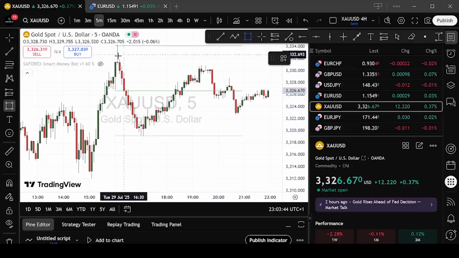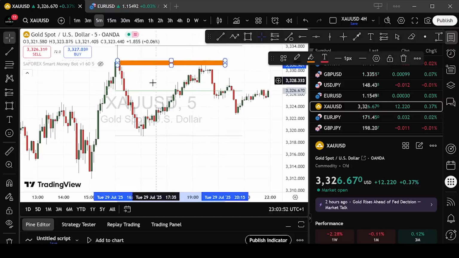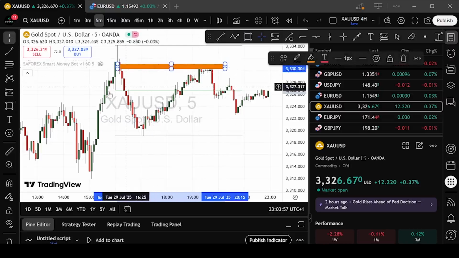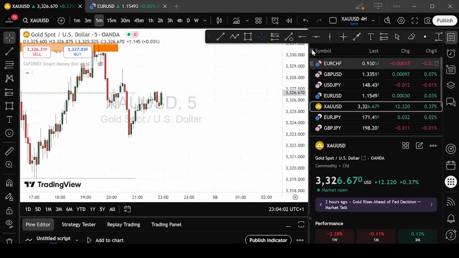Okay, fair value gap. Let me just explain a bit. Of course, we'll do deeper teaching into it. Fair value gap has to do with 3 candle pattern formation whereby there is imbalance in the movement of candles. That is, when price was running away, right?